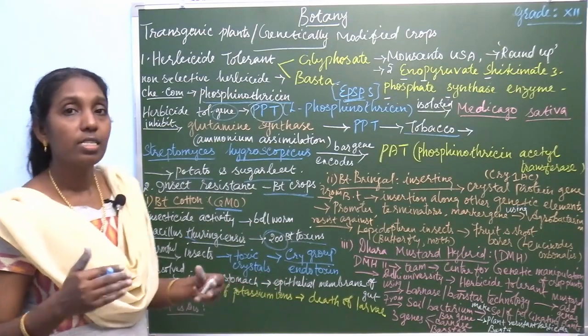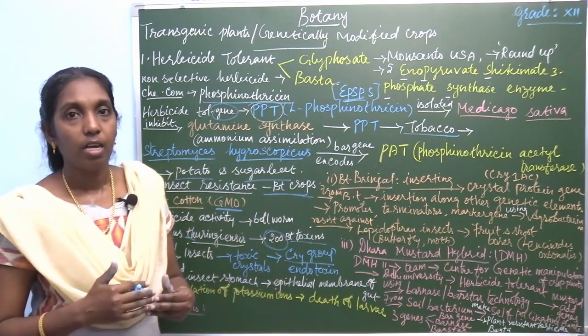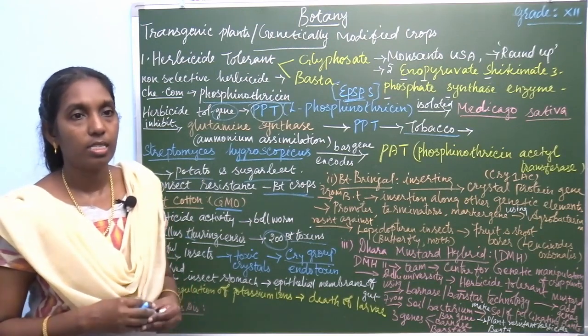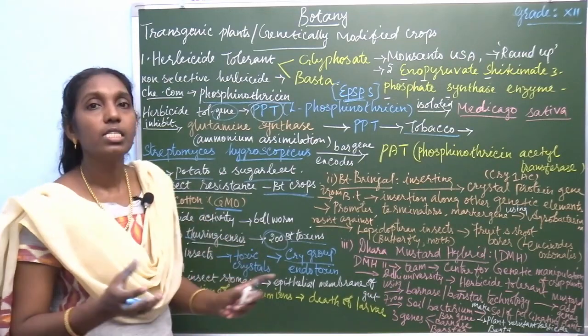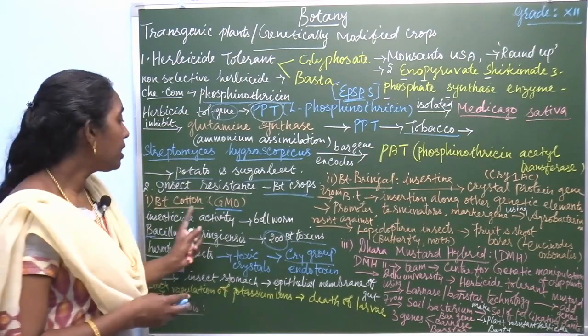Then what are the disadvantages? Genetically modified plants have advantages, but there are also some disadvantages. What are the disadvantages? The cost of the seed. Here, which seed? The cost of the Bt cotton seed.